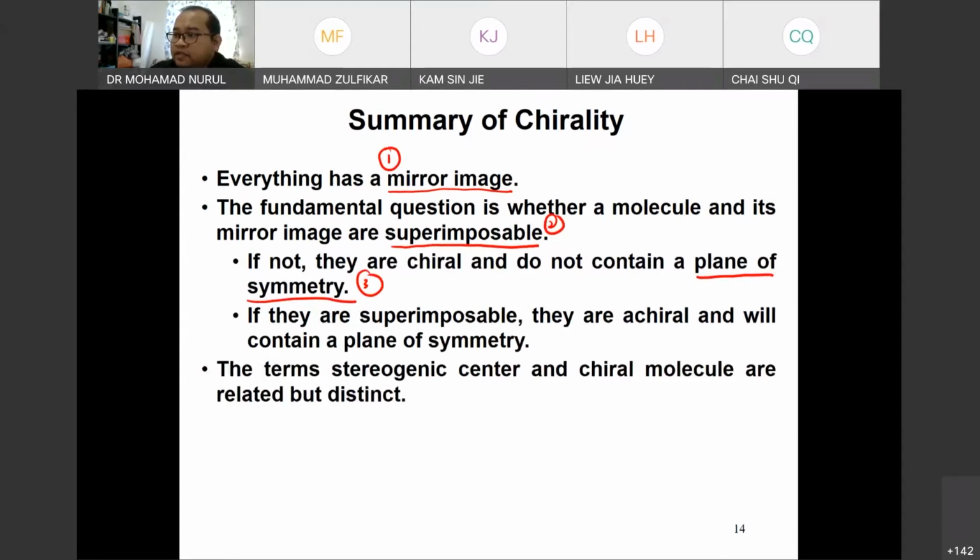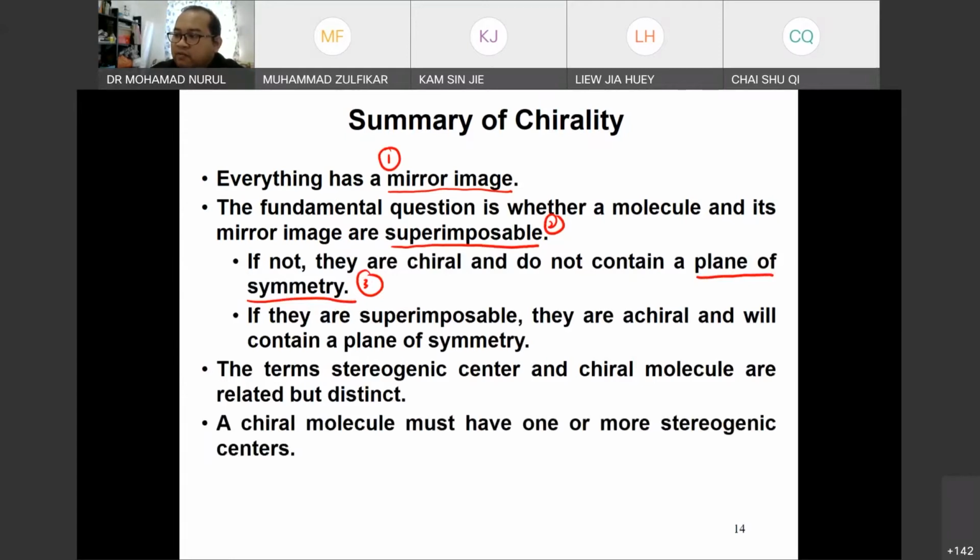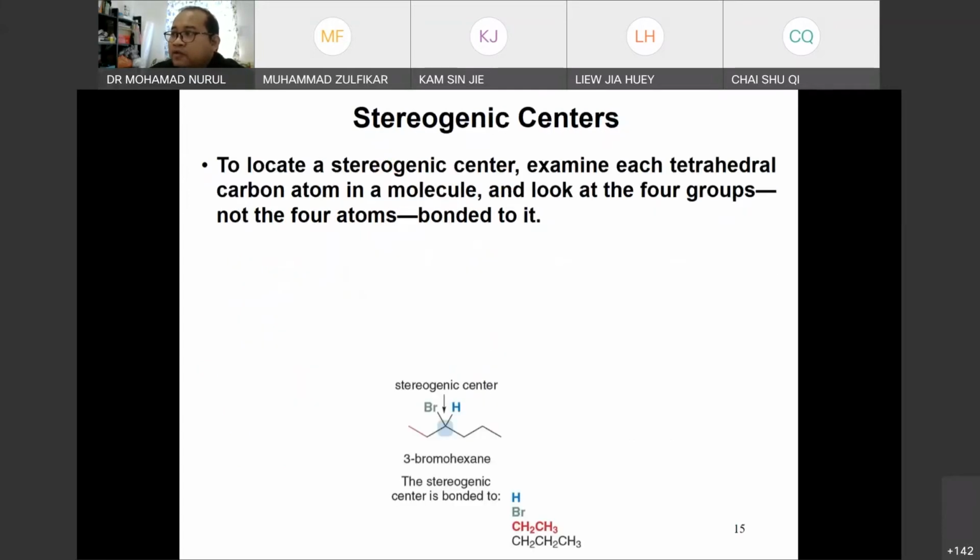In terms of stereogenic centers and chiral molecules, they are related but distinct. A chiral molecule has one or more stereogenic centers. To locate the stereogenic center, examine each tetrahedral carbon.